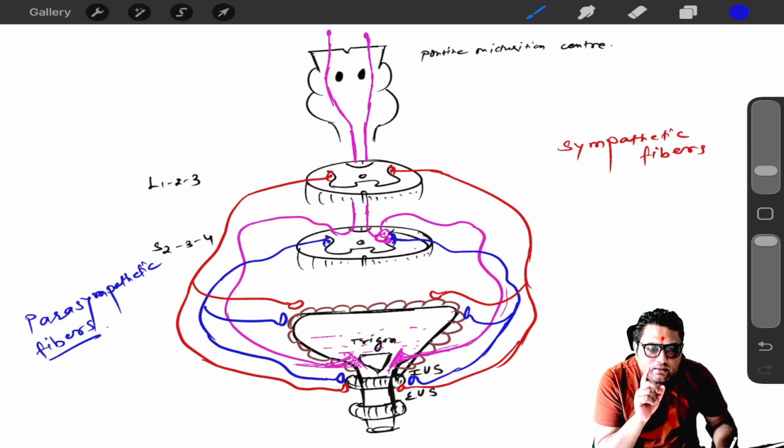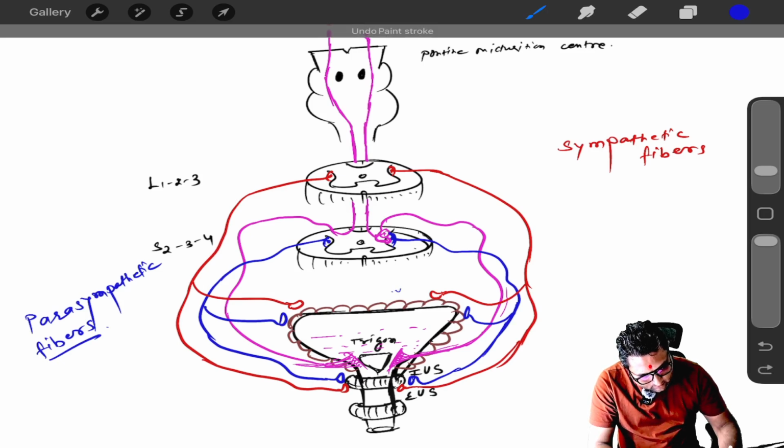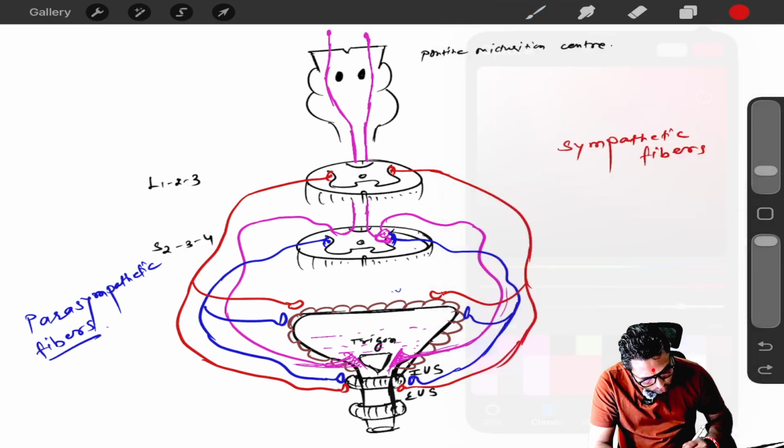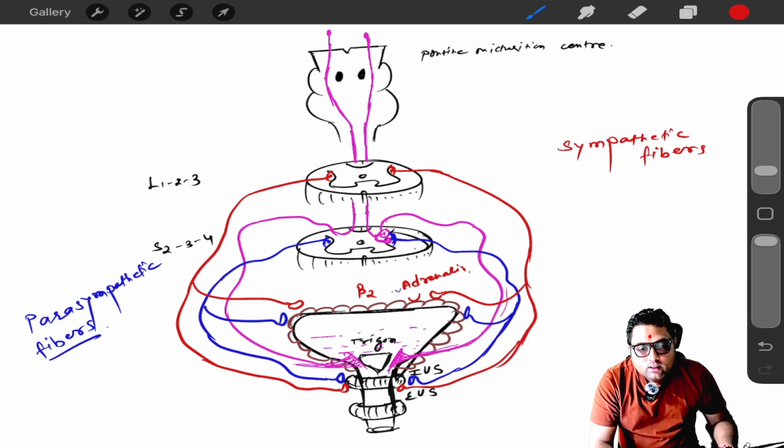Now if we stimulate these sympathetic fibers, at the nerve ending they release the neurotransmitter adrenaline. This adrenaline acts on beta 2 receptors present on the detrusor muscle and causes detrusor muscle relaxation.